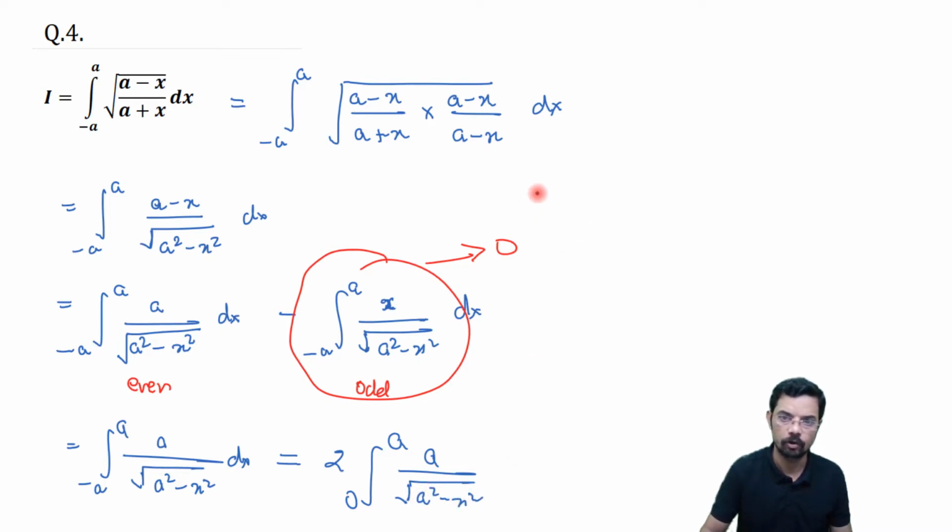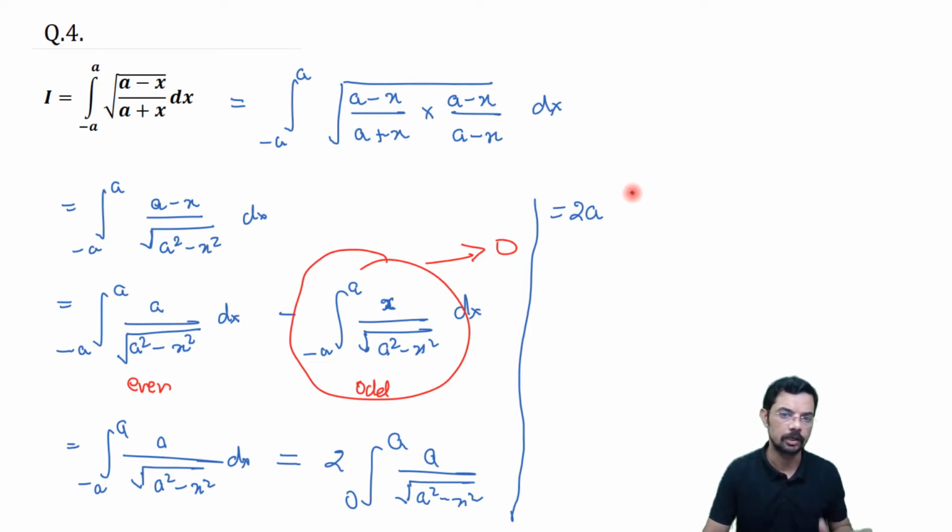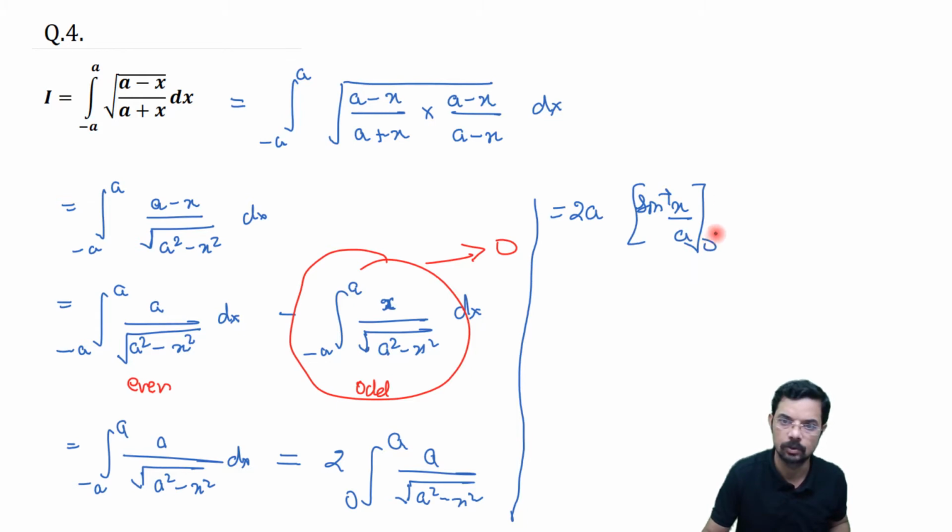Now we know the formula of this integral. So it is 2a, a is a constant, and 1 by root of a square minus x square is sine inverse x by a, with the limits 0 to a.